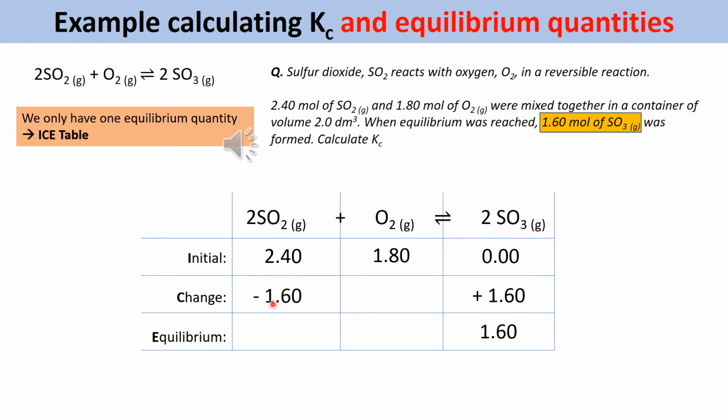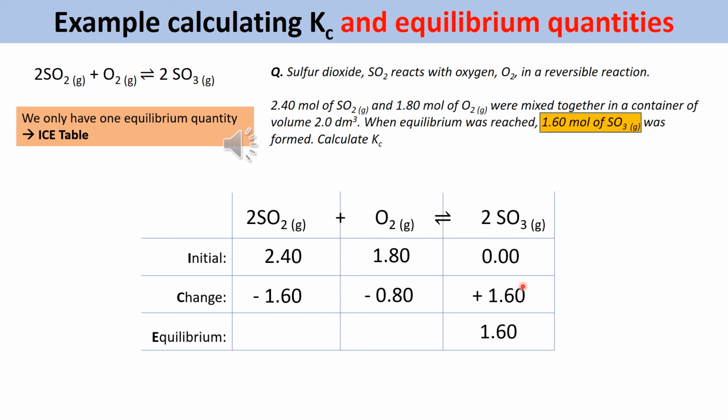So I'm going to put a minus 1.6 there. Now the reason these are both 1.6 is because they both have the same coefficient. Now the oxygen here is half of the SO3 or the SO2, okay? And it's also a reactant, so it's going to decrease. So half of that is equal to 0.8. So this is going to decrease by 0.8.